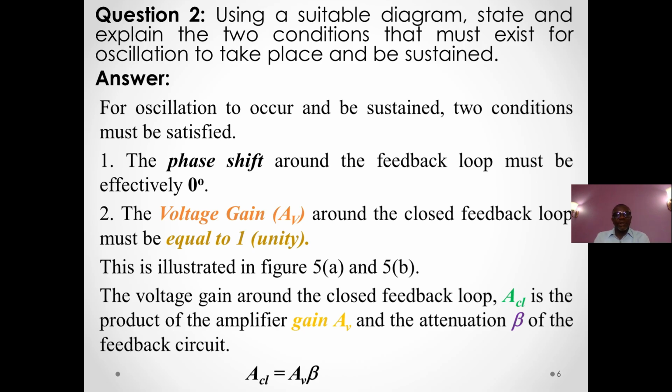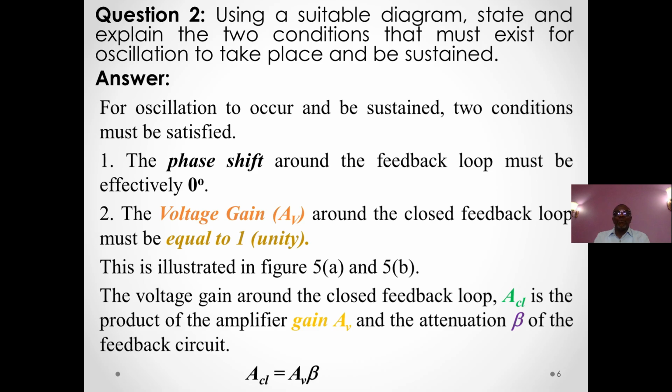In other words, there should be no net phase shift in the feedback loop. The second one is that the voltage gain around the closed feedback loop must be equal to 1 or unity, so that there will be no distortions. As we go on, we see some further explanations on that.